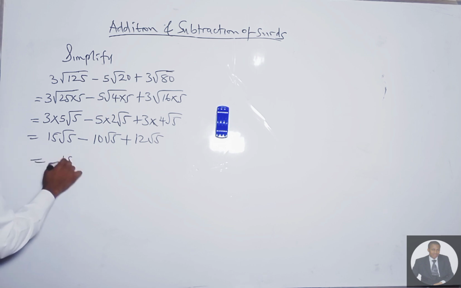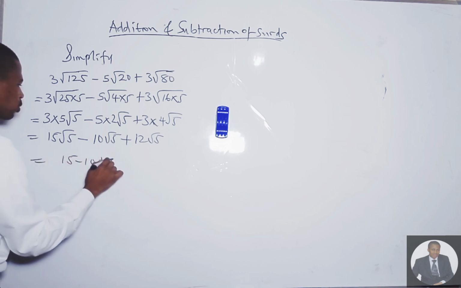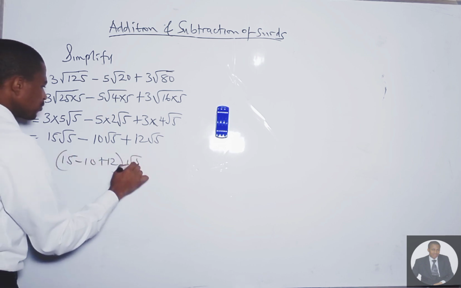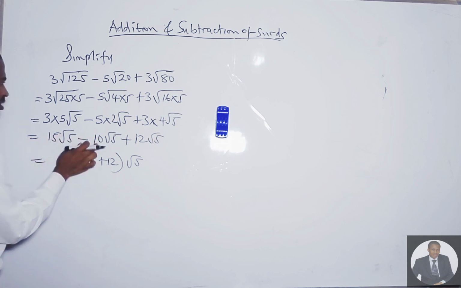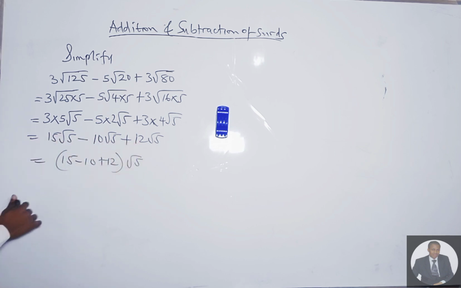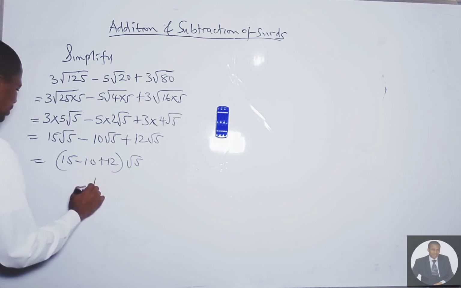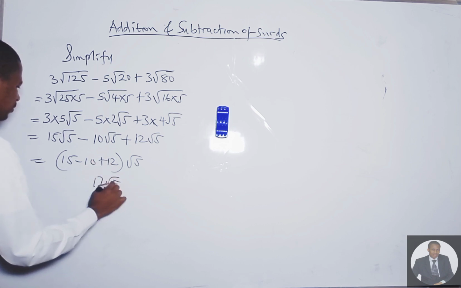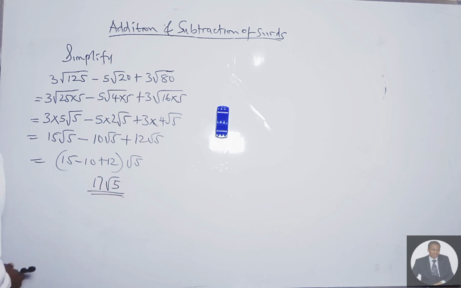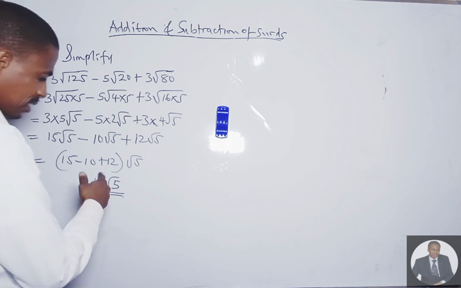This will give us 15 minus 10 plus 12, all root 5. 15 minus 10 is 5. 5 plus 12 is 17 root 5. Here we have our answer.